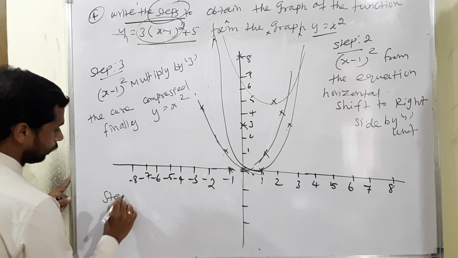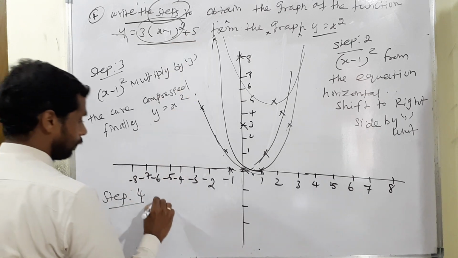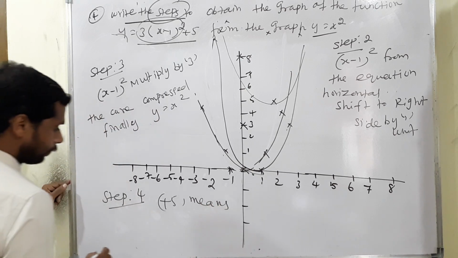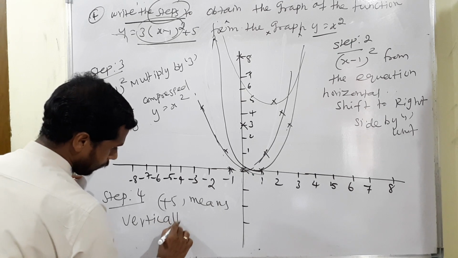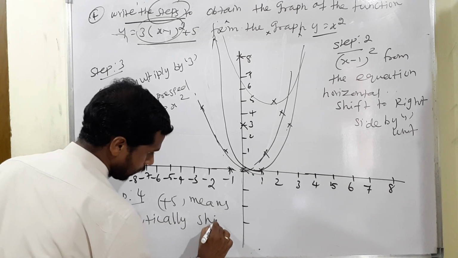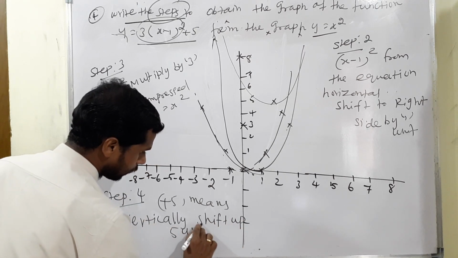Step number 4, the last step, plus 5. Plus 5 means vertically shift up, isn't it? Shift up 5 units.